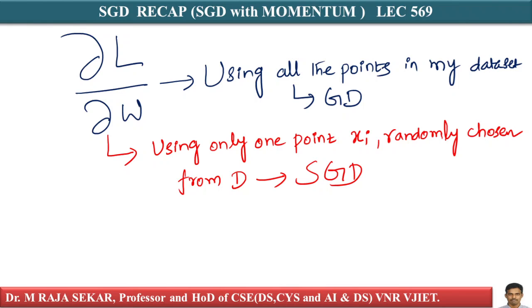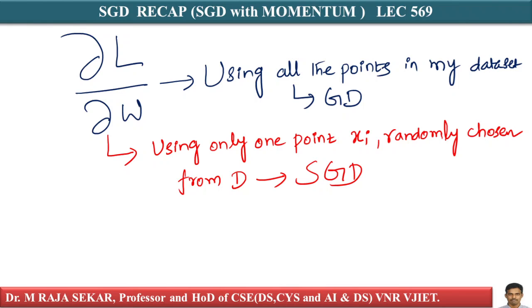The third option that we have is, instead of both these extremes, what are these extremes here? In the first case, in the case of gradient descent, we are taking all n points, isn't it? And in the case of stochastic gradient descent, we are taking 1 point.